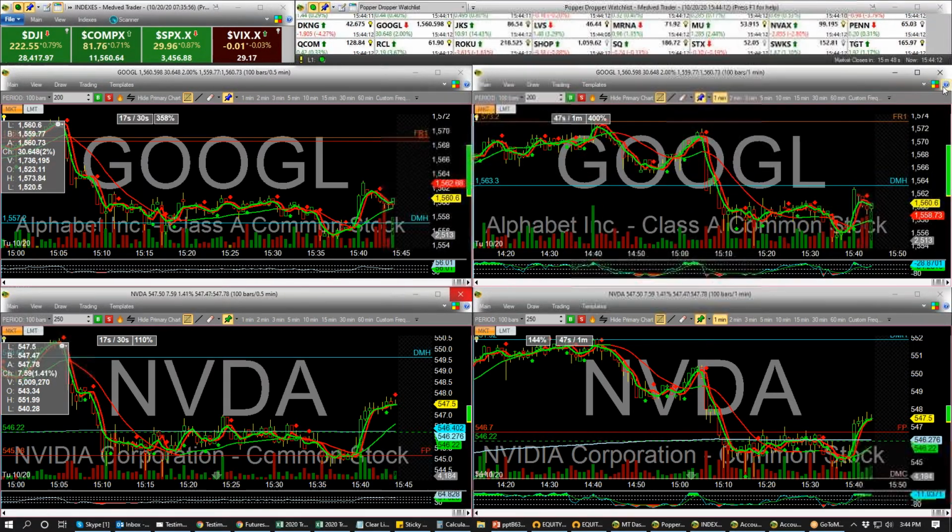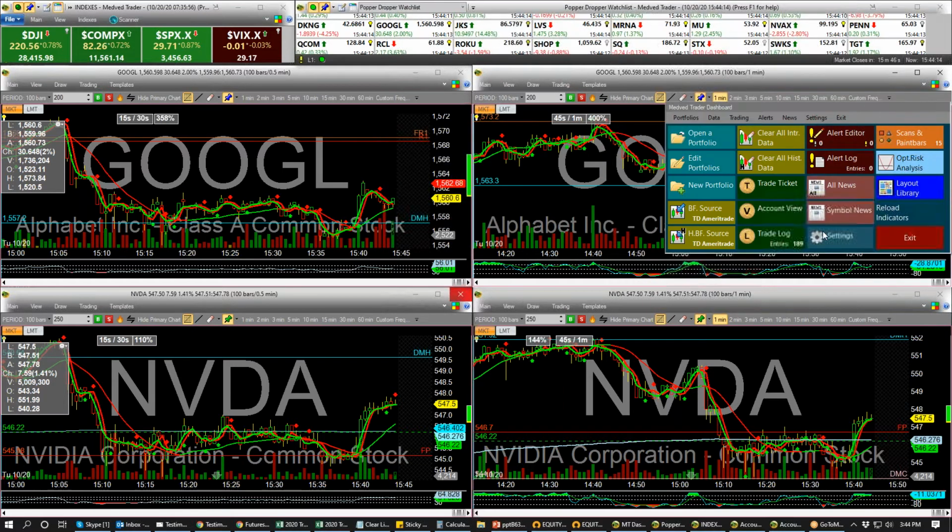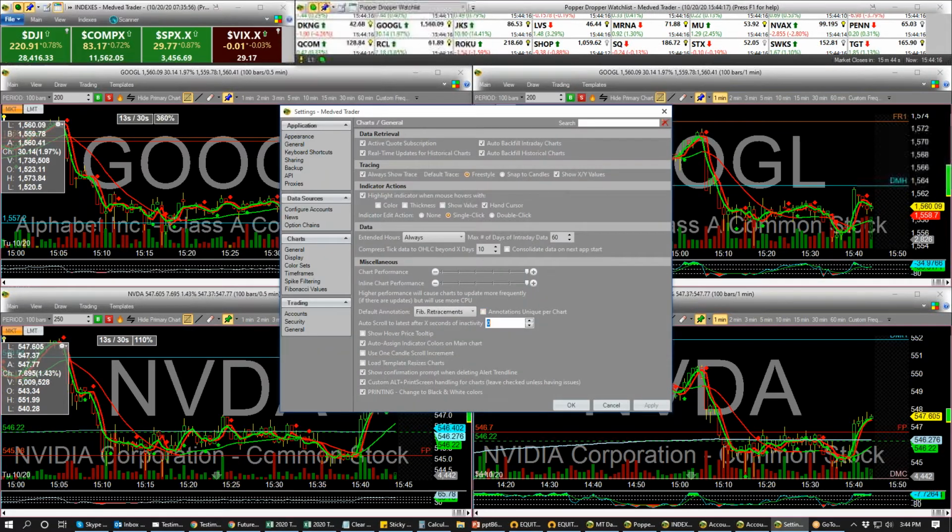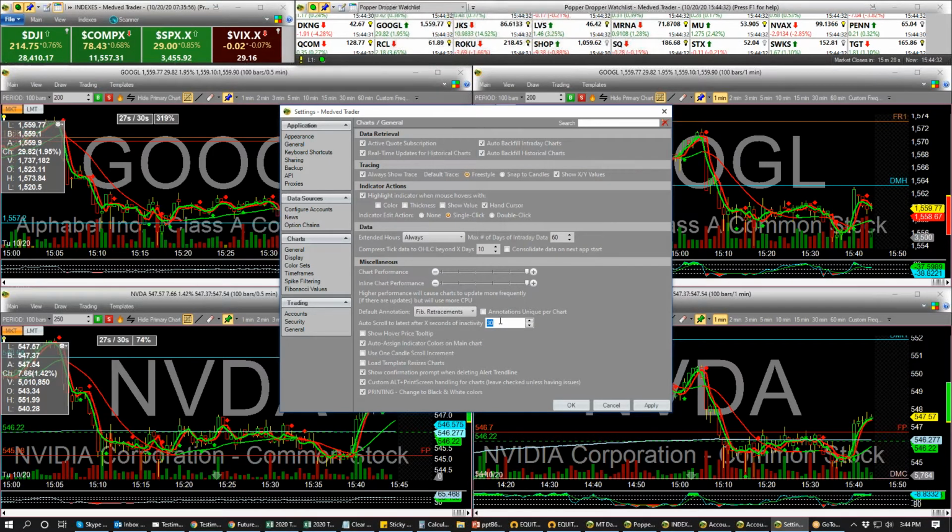I need to go back and add that timer in. If you didn't know that, if you go to your settings and then under charts, charts in general, there's a setting called auto scroll to latest after X seconds of inactivity. I encourage all of you to use this setting, whether 10, 15, 20, or 30 seconds.